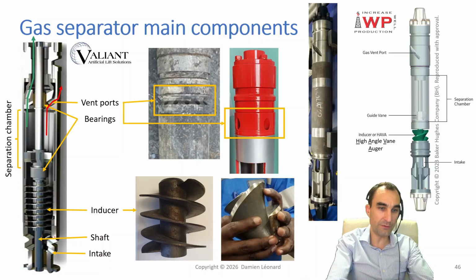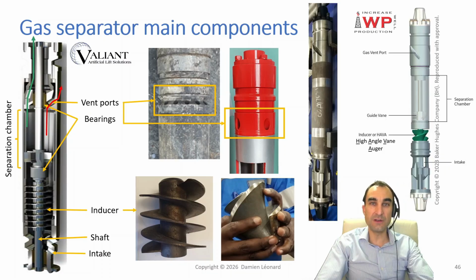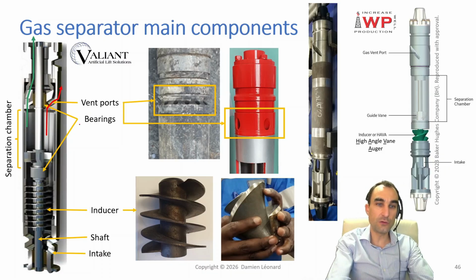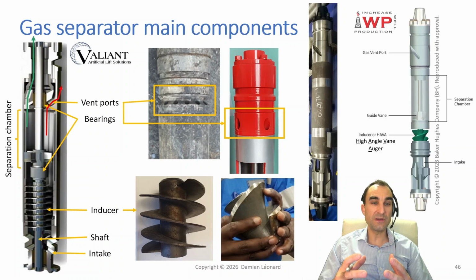At the bottom, you will have large entry ports over there, which is basically the intake of your gas separator. In the middle of your gas separator, you are going to have a shaft. This shaft is stabilized thanks to bearings. The bearings in a gas separator are typically made of hard material like tungsten carbide. Why is that?